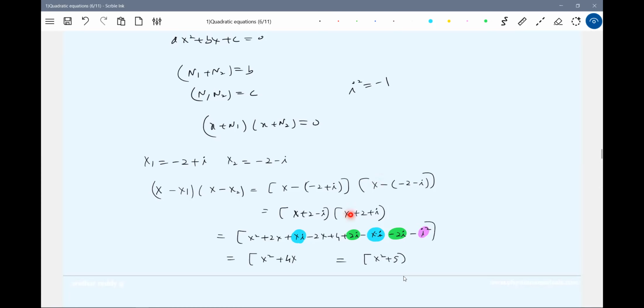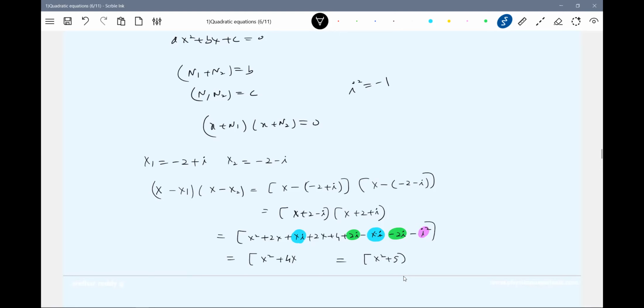This one, no, x plus 2 plus i, x plus 2 minus i. We'll multiply this: x square, 2x, xi, then again 2x. Here I think we have missed a sign. Then 4, then 2i minus xi minus 2i minus i square.